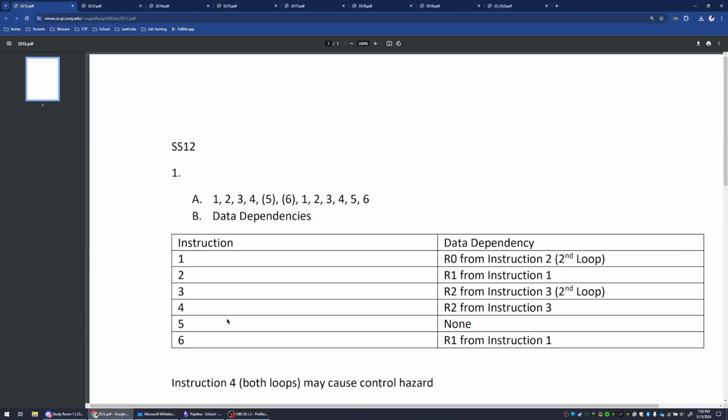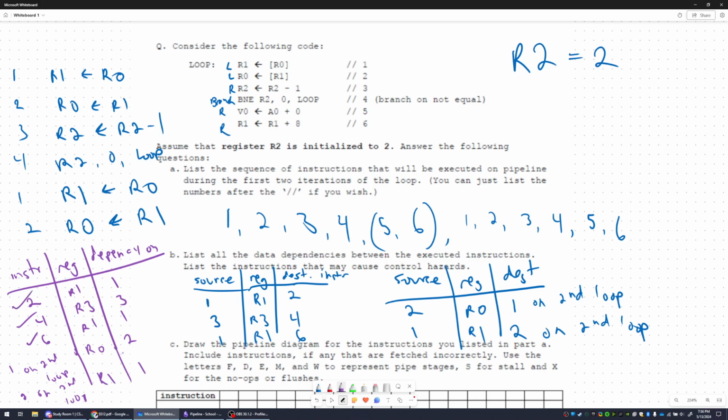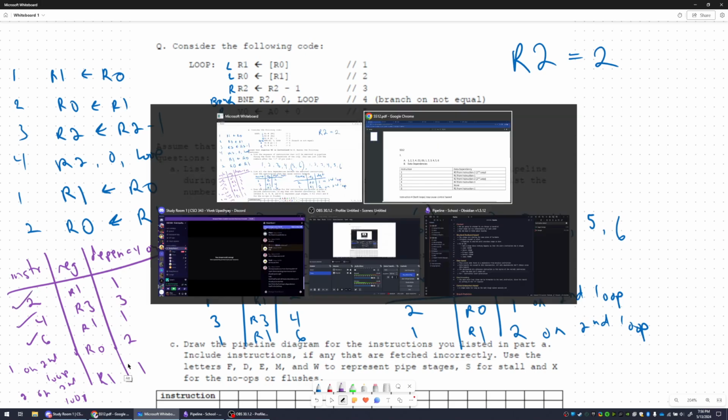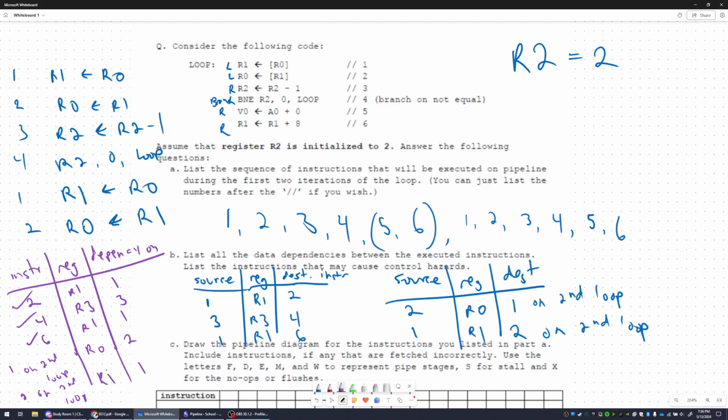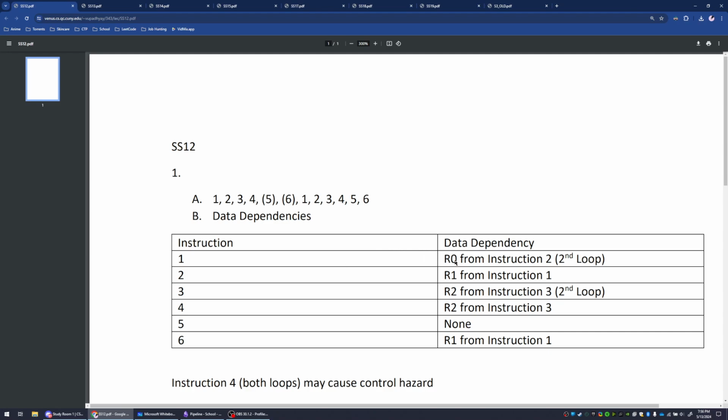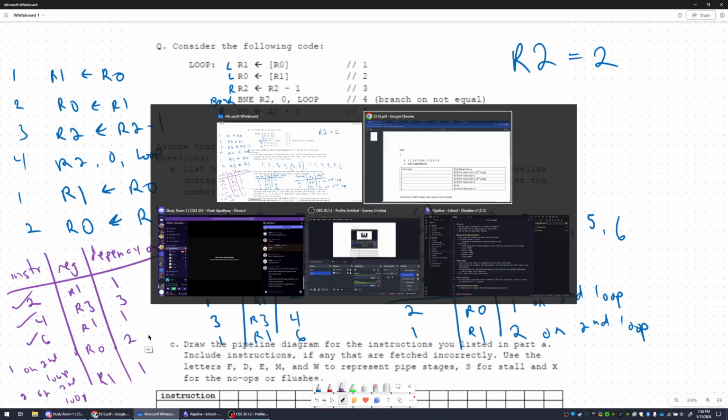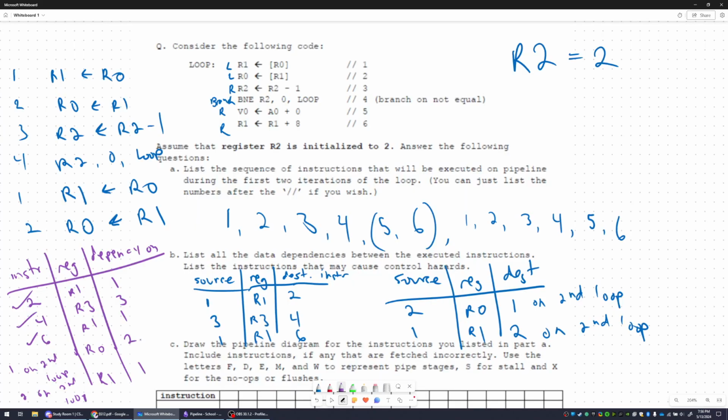Yeah. Line 2, R1 from instruction 1. And then, yeah, 1 on the second loop has a dependency on R0 from instruction 2 on the second loop.